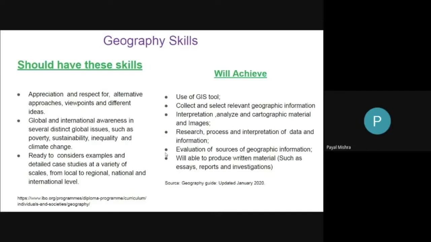After the course, what the students will achieve: use of GIS tools, collecting and selecting relevant geographic information, interpretation and analysis of cartographic materials and images, research, processing, and interpretation of data and information, evaluation of sources of geographic information, and they will be able to produce written materials such as essays, reports, and investigations.